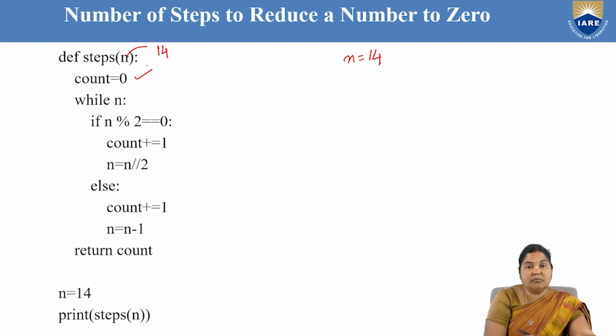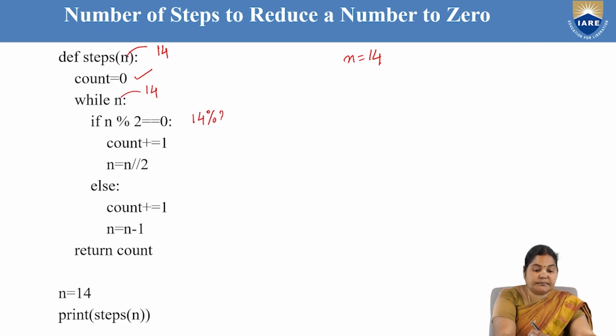Initially, counter is equal to 0. Now, while n, what is the value of n? It is 14. Now, 14 modulus 2 is equal to 0? Yes. If it is equal to 0, then we have to increment our counter. So, my count becomes 1 and number becomes number by 2, it becomes 7.